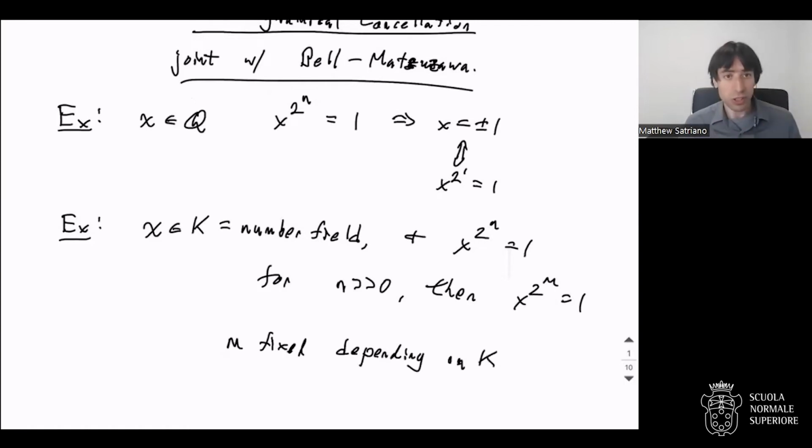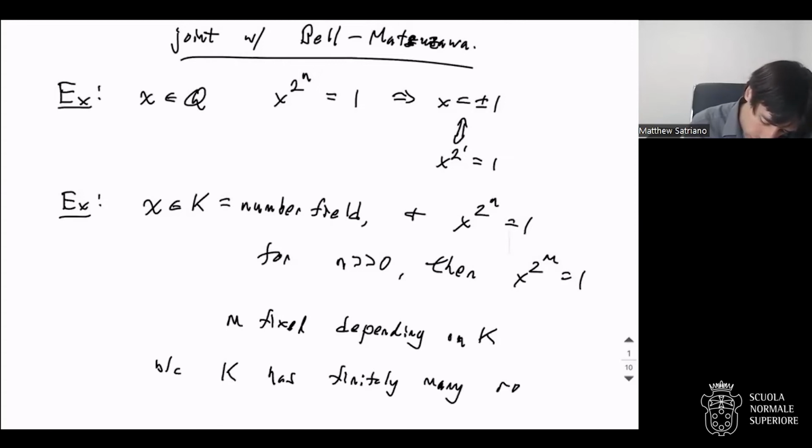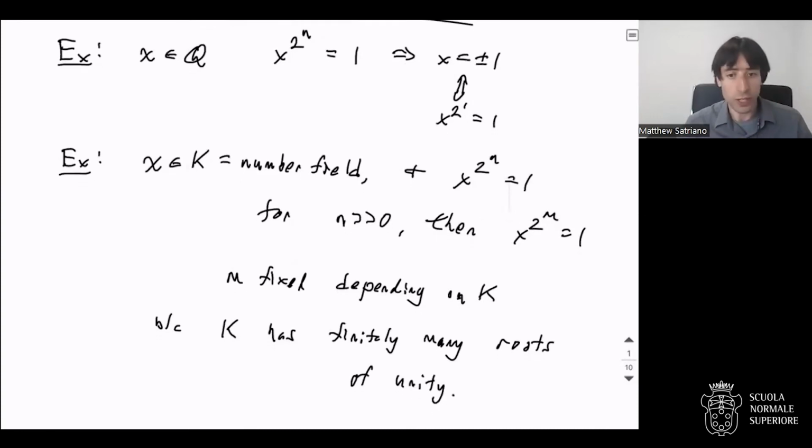It's not a mysterious reason, it's just that K has finitely many roots of unity. This would definitely fail if you're looking at the complex numbers: if x to the 2 to the n is 1 where n is very big, that doesn't say you can cut down that n and make it smaller.